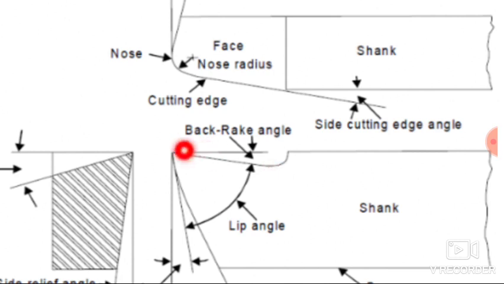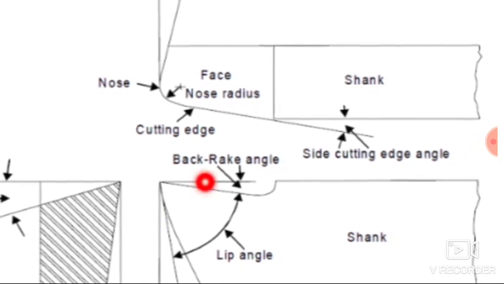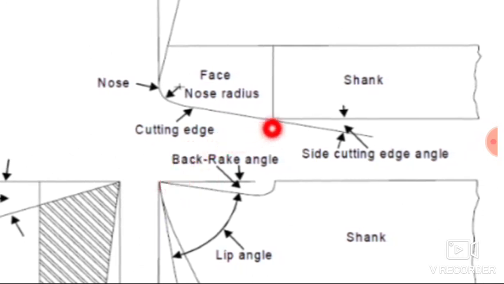Here the face is inclined downward, so the tool has a positive rake angle. If this face is inclined in such a fashion, then that is known as negative rake angle. And if this face is exactly parallel to the base of the cutting tool, then it is a zero rake angle. So the back rake angle can be a positive rake angle if the face of the cutting tool is inclined downward.